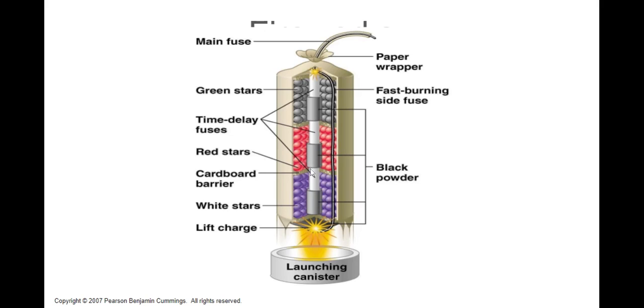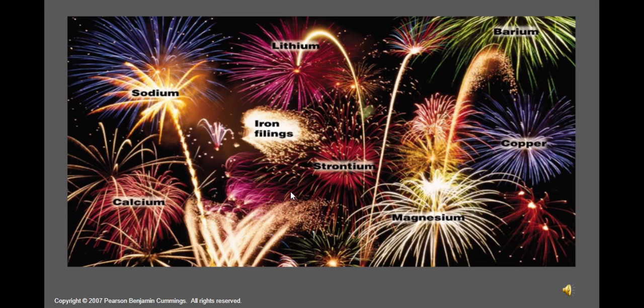And also, there's different things they can do with that. If you'll see them, they burn one color and then a different color. That is all to do with this time delay stuff in the core. There's also black powder in the core, which causes it to explode. And then the different chemicals that cause the green or the red or the white. So all those are just different elements that burn at different colors to make those fireworks.